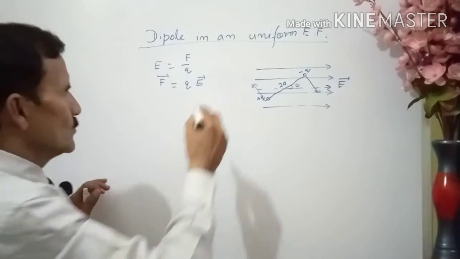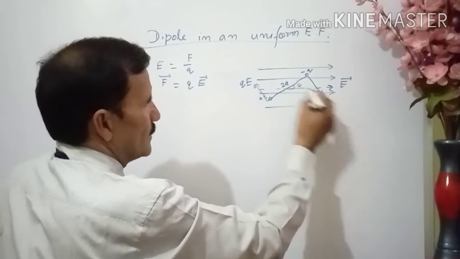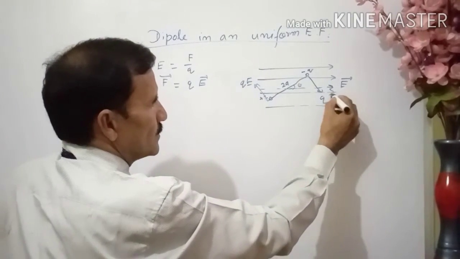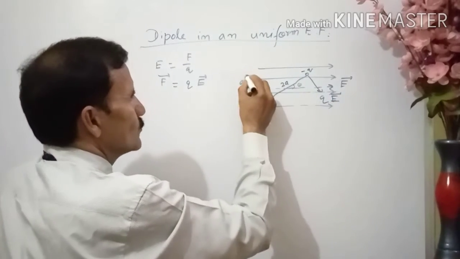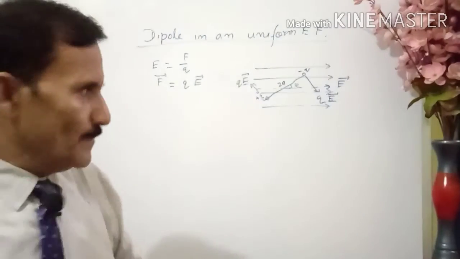So there will always be two equal forces, I am writing the magnitude QE. Since E is uniform, the magnitude of both forces will be the same.